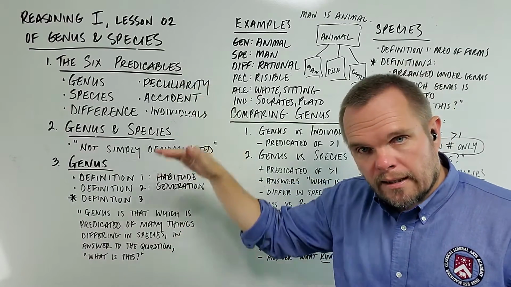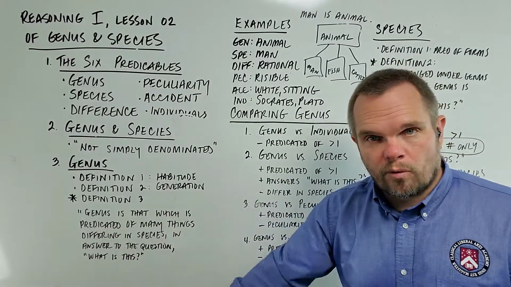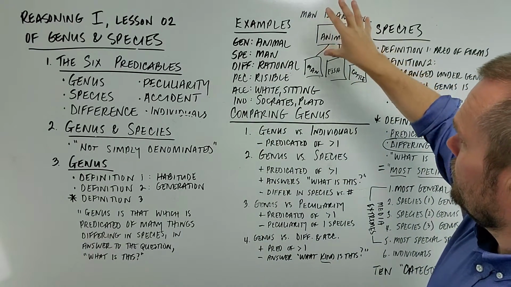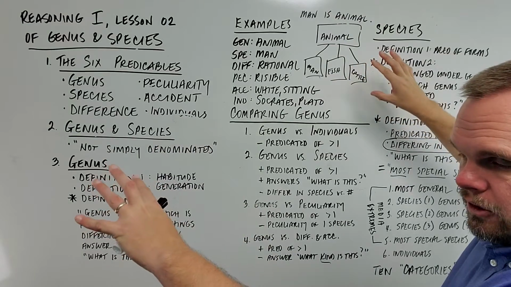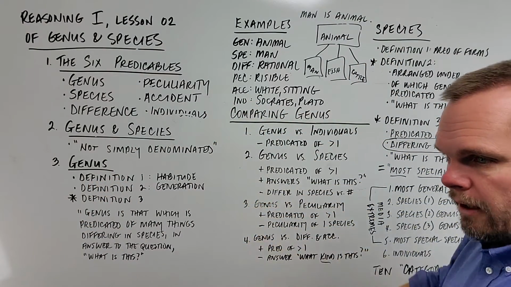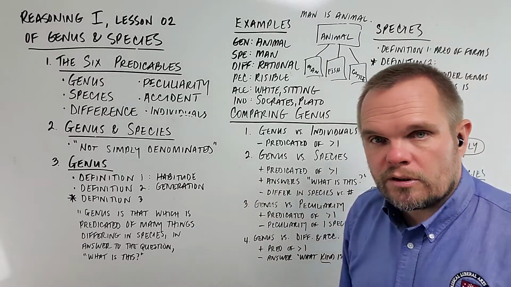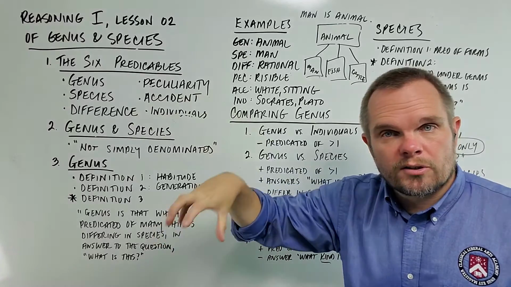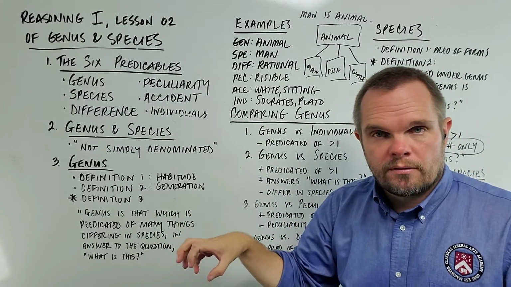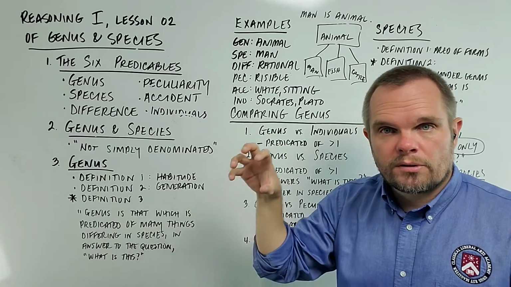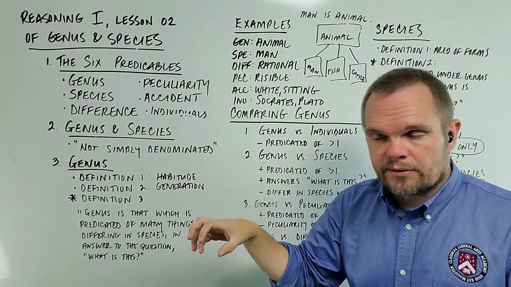It's the last group before individuals. If we were to take the genus, break it into all its species, and break each species into all its species, and keep going down until we got to just the individuals, the first species that contains only individuals, that first species is the most special species.